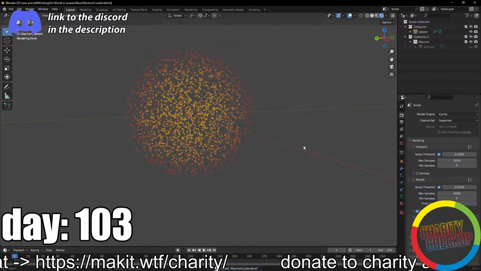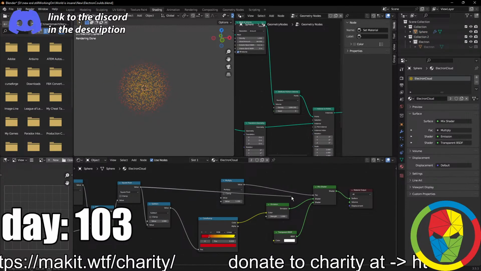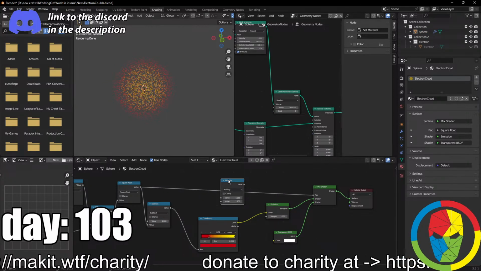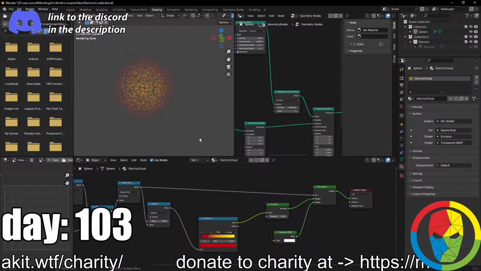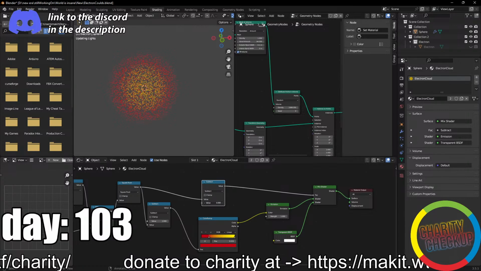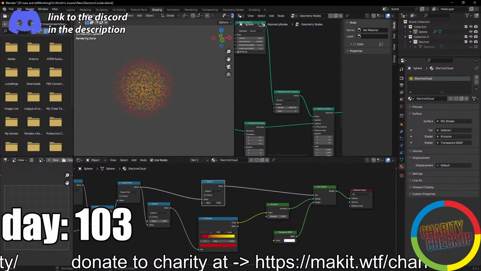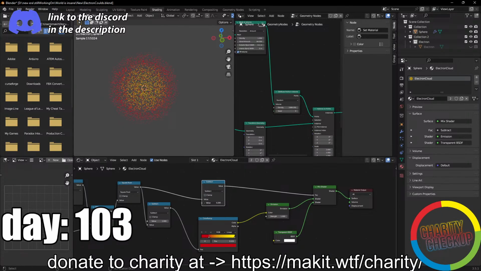I mean... Okay, that's... I think I overdid the multiplication, that's not necessary. I think if anything we should add a bit to it. We should actually probably... Oh wait, subtract.